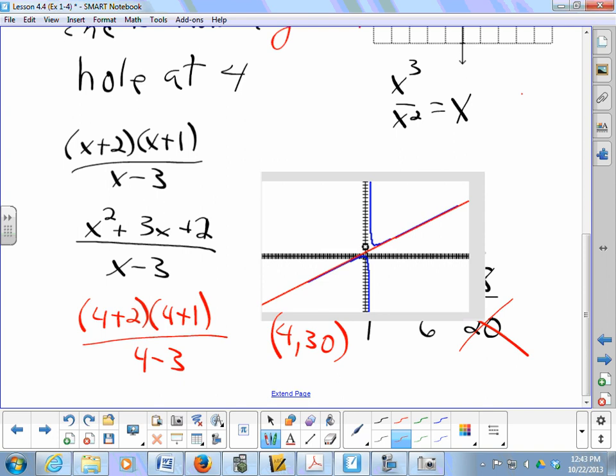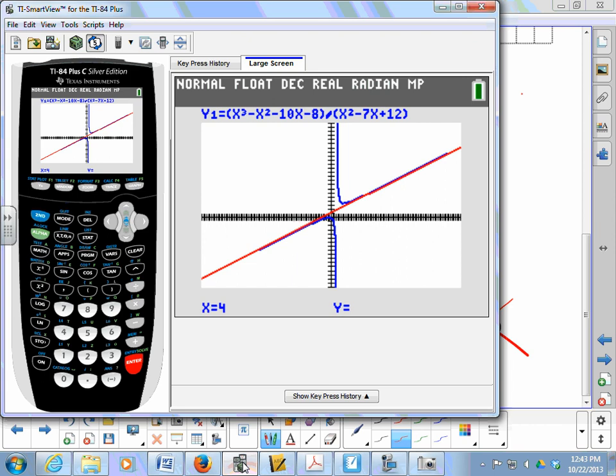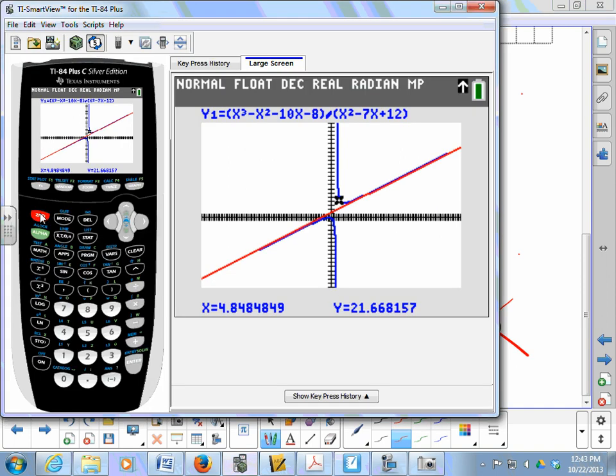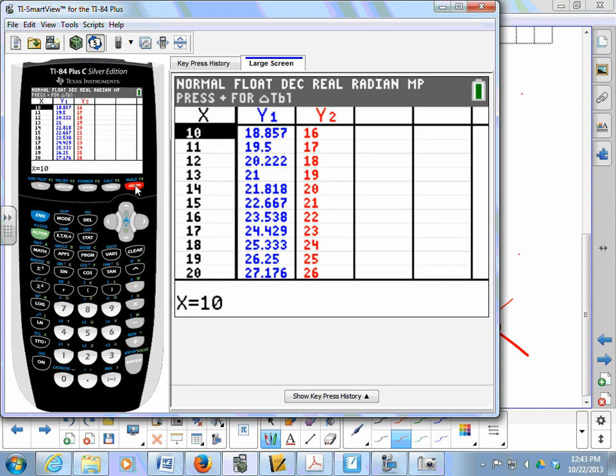Okay, let me see if I agree with that or not. Let's find out. So if I hit trace and go just to the right, oh, that's not right. What did I get? I messed up something. Oh, wait. It says at 4 there's an error, so let's go to our window, our graph and table.